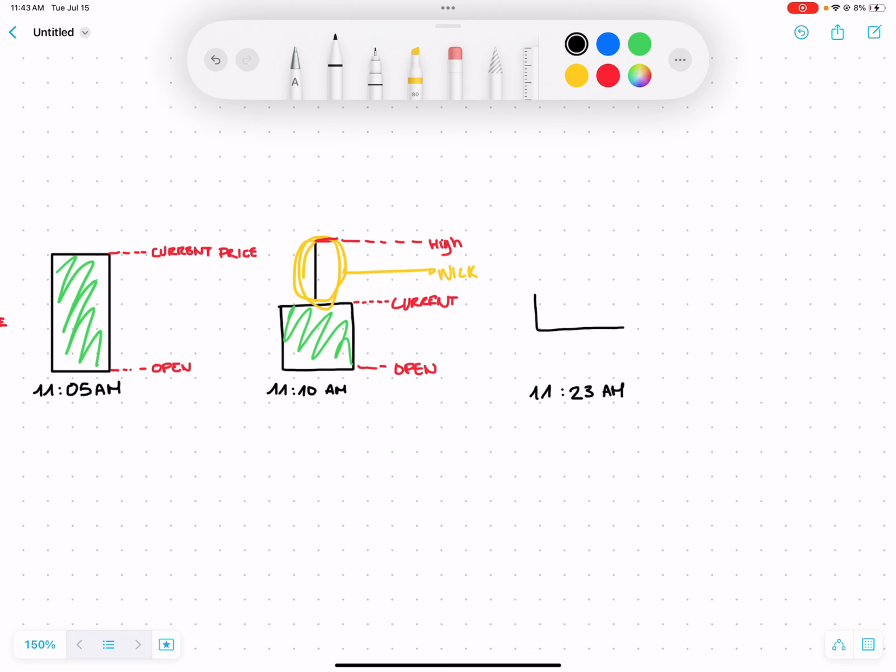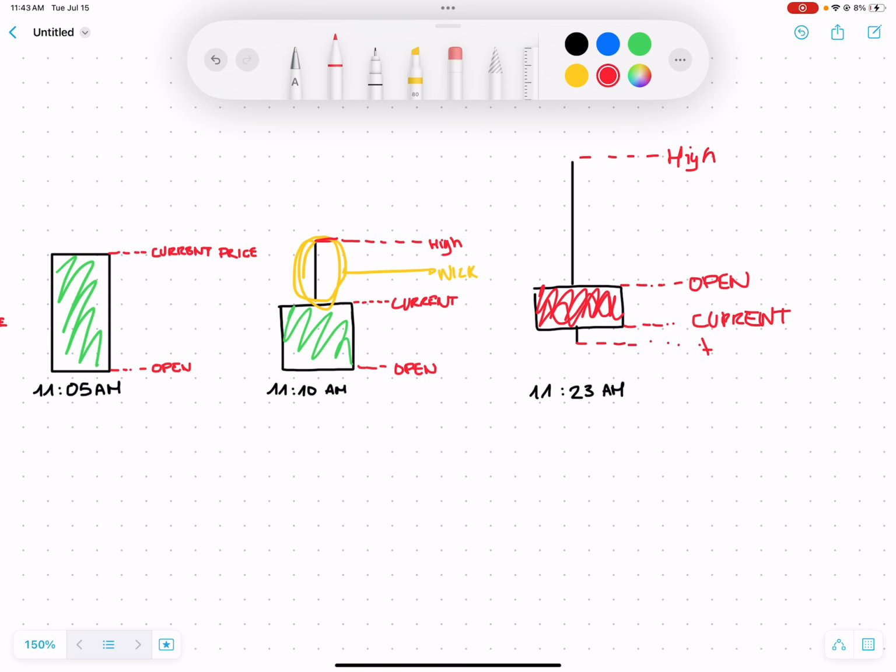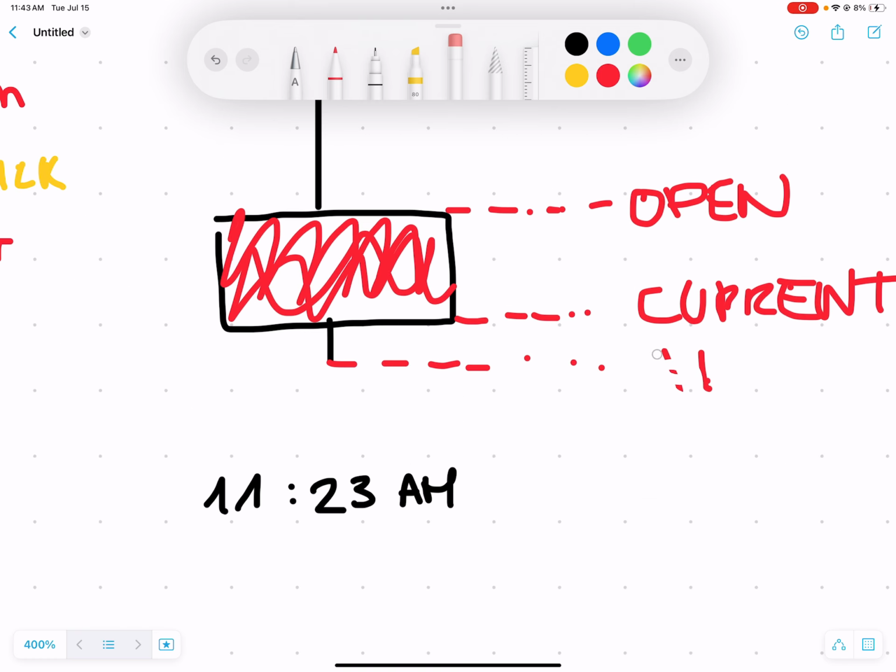Now, let me just put it a little higher. And let's just say that now the candlestick looks like this. Now, it is red, which means that we're now in the negative. We're now going down. The open is still over here. And now the current price is over here. This is still the highest point the candlestick has hit. And this wick right here would, oops, I said high, but this wick right here would be the low.